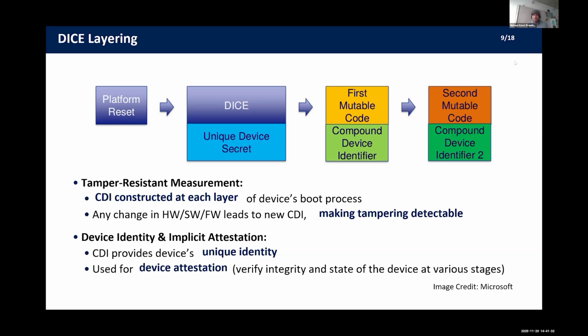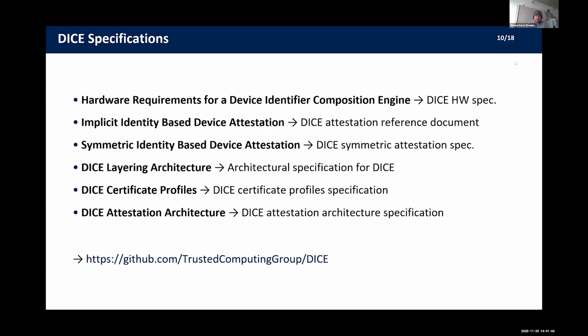Again, I put a bit more information on the slides than I will address here on the spoken track. Next slide, please. This is also an overview of which specifications exist for DICE, and also a link at the bottom. So we can go to the next slide.